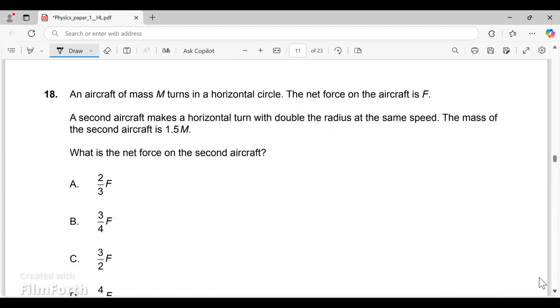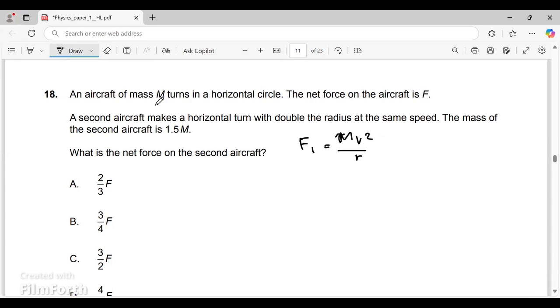An aircraft of mass m turns in a horizontal circle. The net force on the aircraft is F. A second aircraft makes a horizontal turn with double the radius at the same speed. The mass of the second aircraft is 1.5 m. What is the net force on the second aircraft? The centripetal force formula, F1 equals m v squared divided by r, is for the first aircraft.